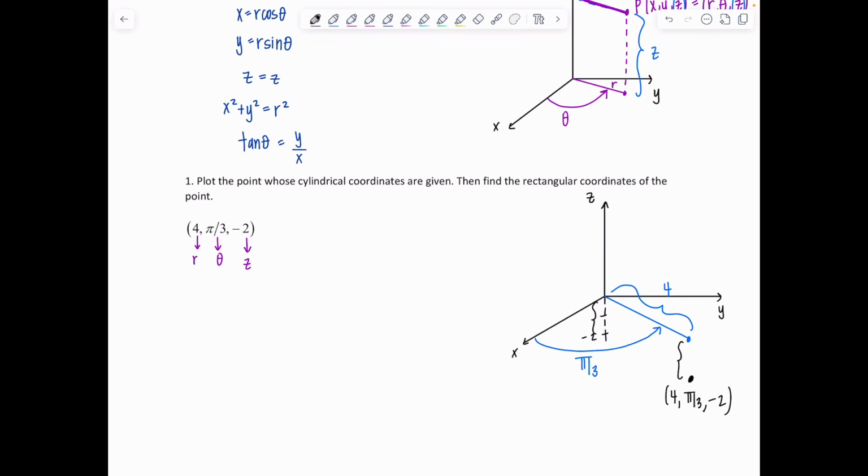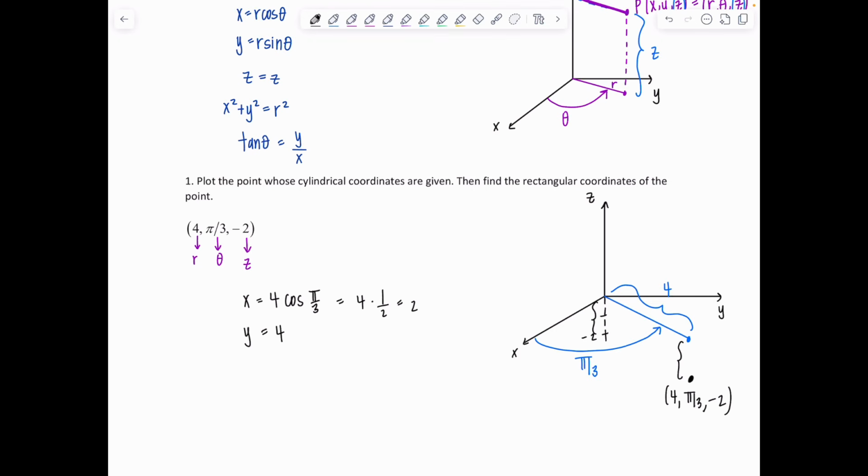Okay, very good. Then find the rectangular coordinates of the point. Okay, so x is going to be r cosine theta, so 4 cosine pi over 3. So what would that give us? That's going to be 4 times cosine of pi over 3 is a half, which is 2.